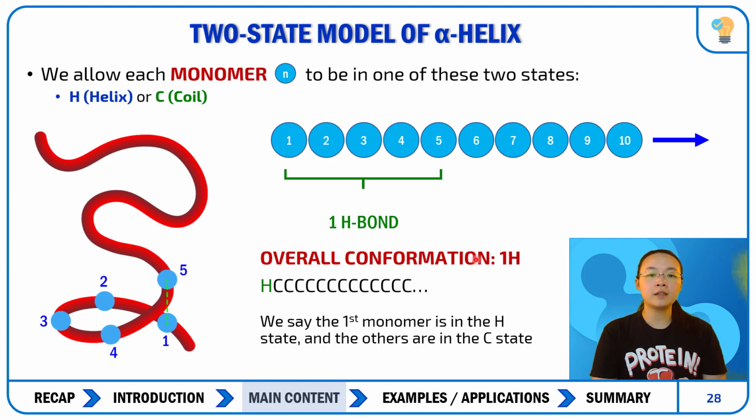Remember, there's only one hydrogen bond, so it's the first monomer that initiates that hydrogen bond, and therefore it's only the first monomer that we can say is in a helical state, because this one is bound to the top monomer 5 in a helical structure, but number 5 does not have another hydrogen bond above it, so it's still in a partially coiled state.